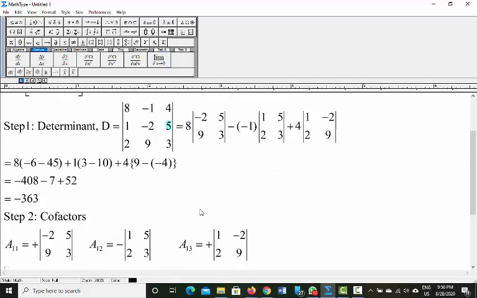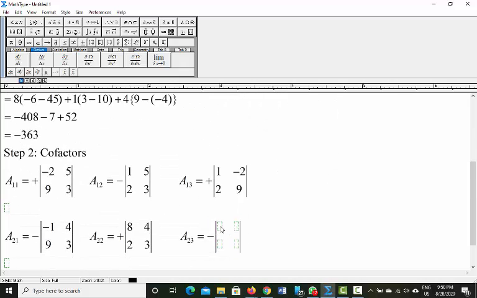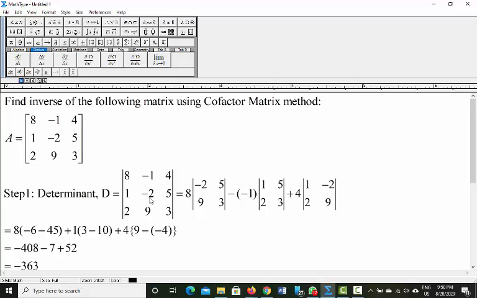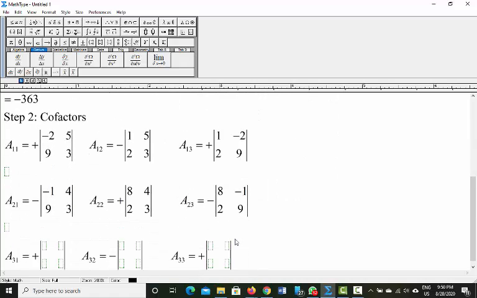I am repeating again: we ignore this row and this column, and we have 8, minus 1, 2, 9.